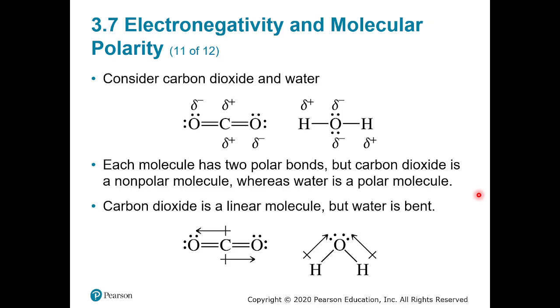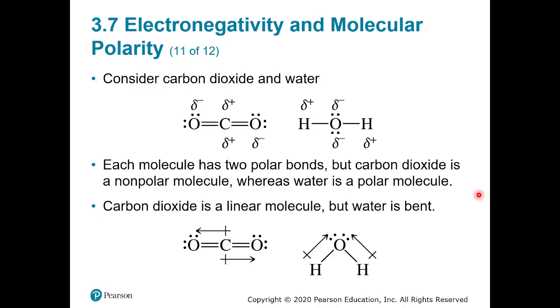But if we look at our overall molecule, notice what that does. We're just negative on the outside, aren't we? So our overall molecule is actually considered nonpolar. It doesn't have a clear positive-negative pole. It has negative on the outside, positive on the inside, right? So there's not an overall pole.